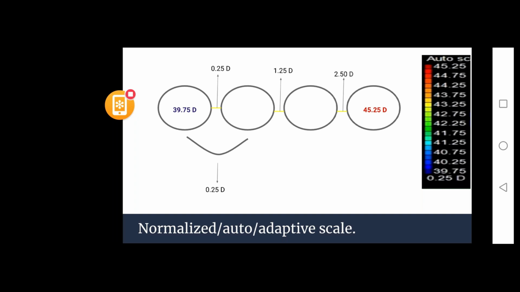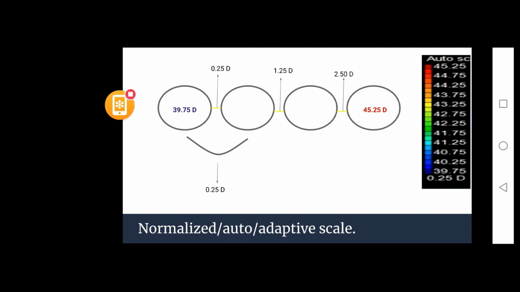If you repeat the topography at your hospital, there are chances that the appearance may be different, even though the topography was done on the same day or just 2 days prior to your examination. Why might it appear different? Because it will appear different based on the type of scale used.